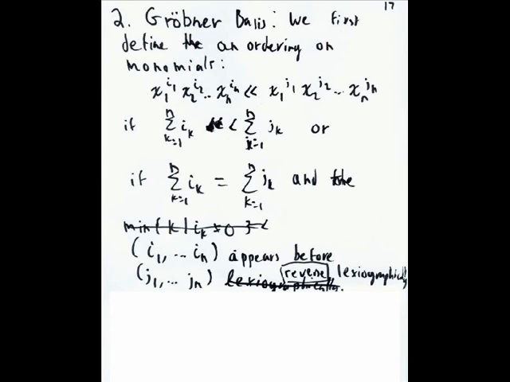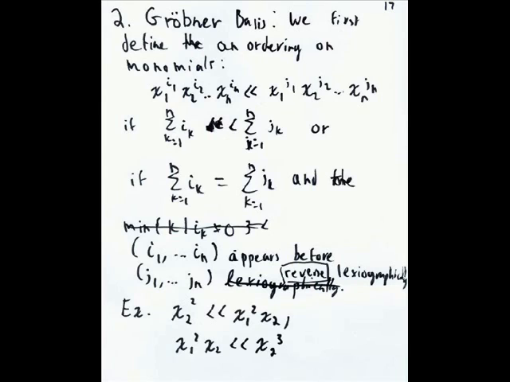In the case that the sums are equal, we represent them as vectors of natural numbers, and we take the one that appears before the other in reverse lexicographic order. So, for example, the vector 2, 1, 1 appears after 0, 3, 0.